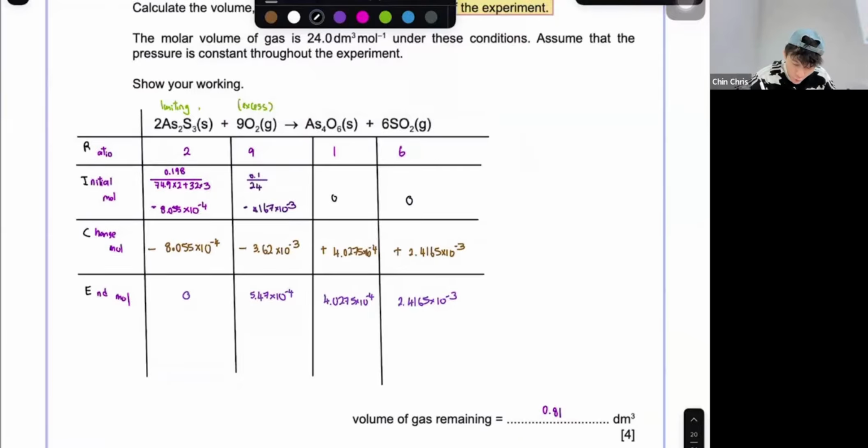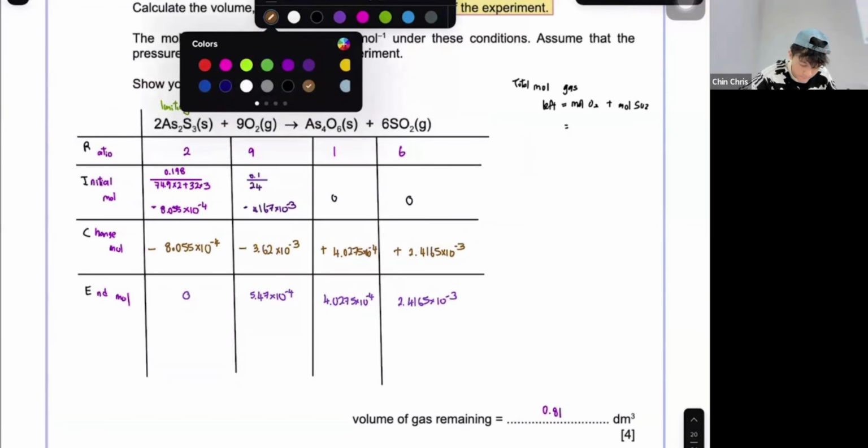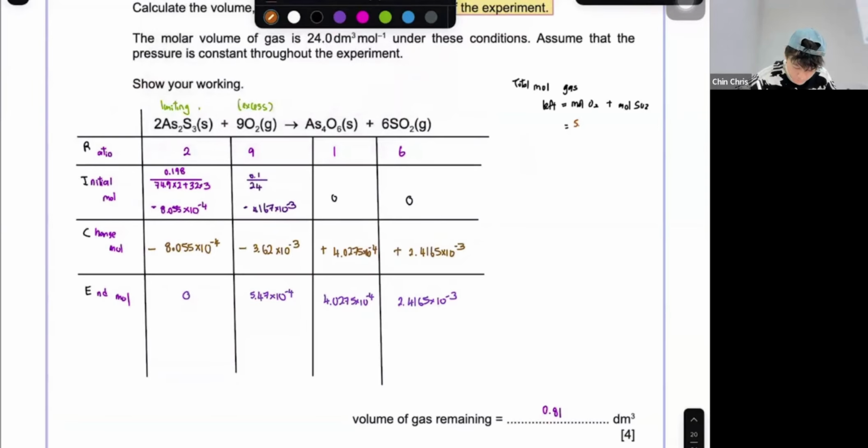So guys, please tell me what is the total mole of gas formed? Is equals to the mole of oxygen plus mole of SO2, right? And finally, guys, how to get the volume of gas remaining?